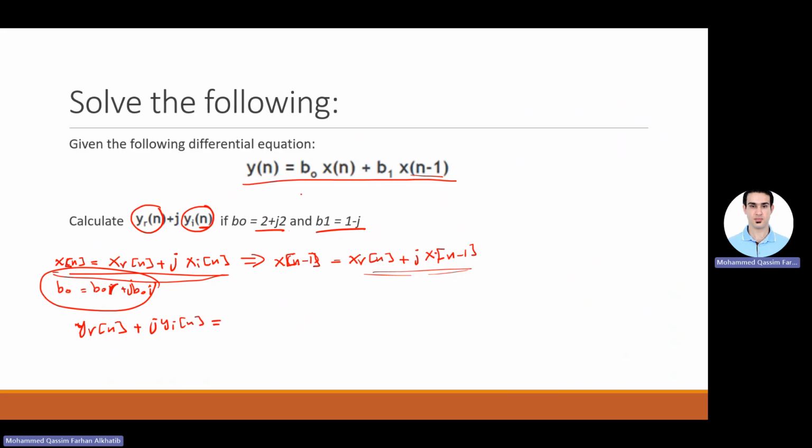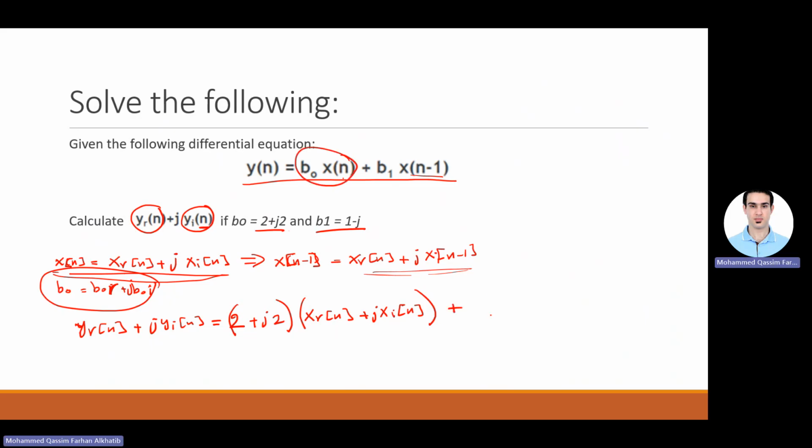So what is the value of B0? 2 plus j2, times x of n. X of n is represented by the real and imaginary part: X real of n plus j x imaginary of n. So that's the first step.